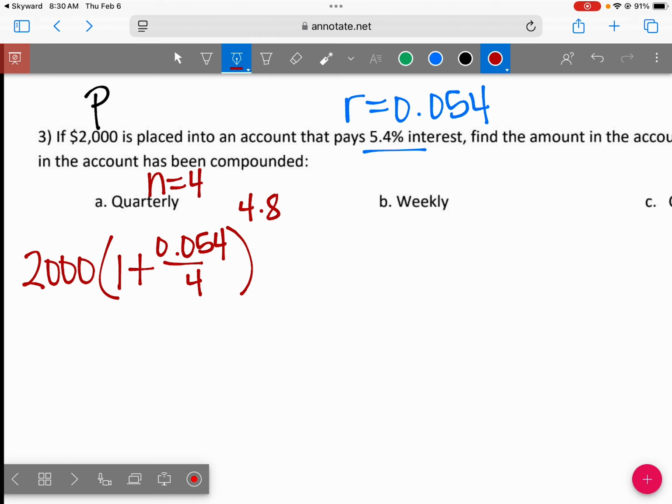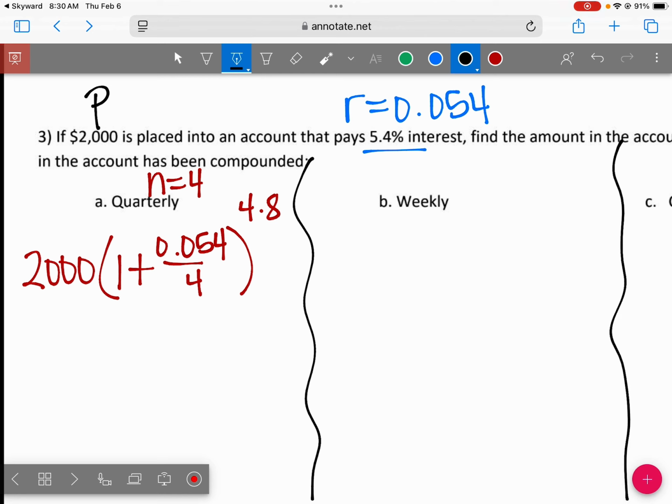Type that in just like that. You should get something close to 3,000. So 3,000 and some dollars.